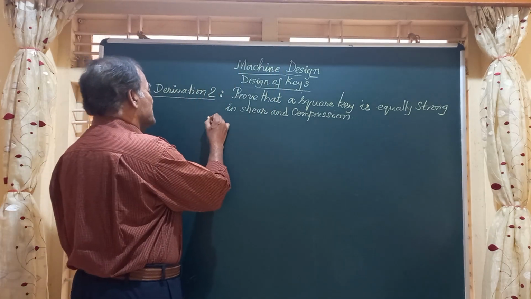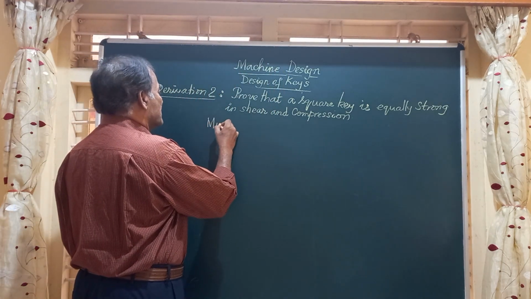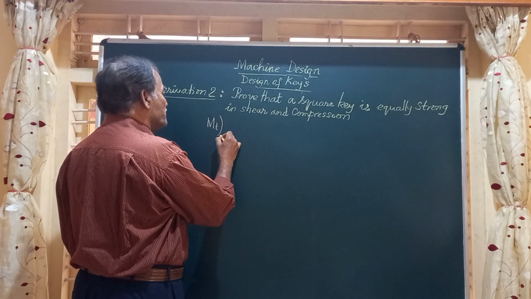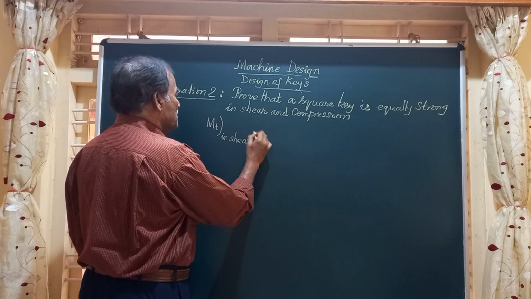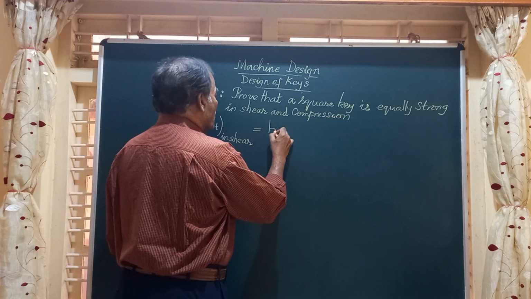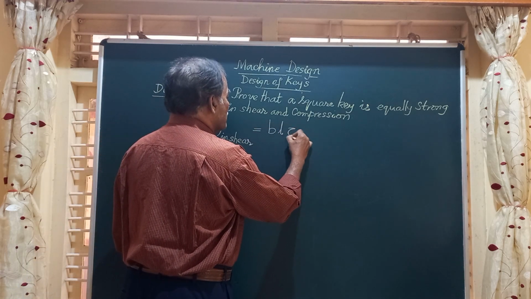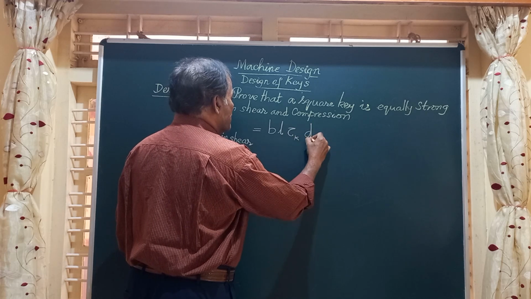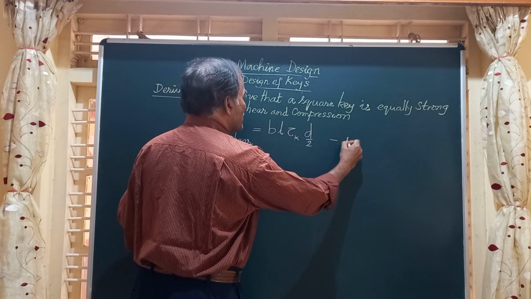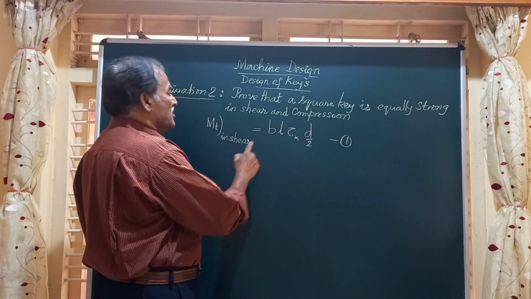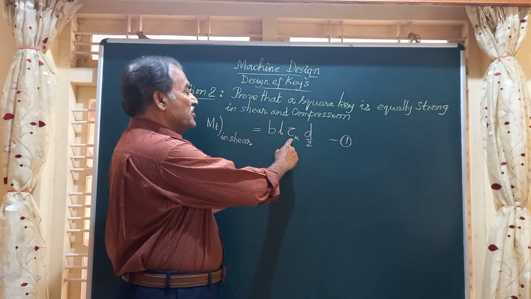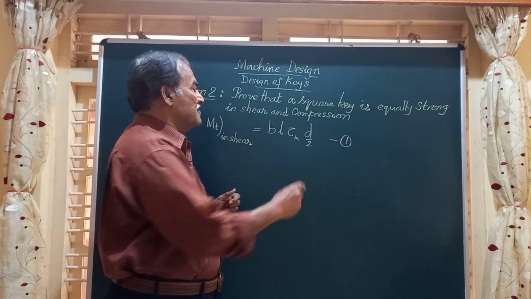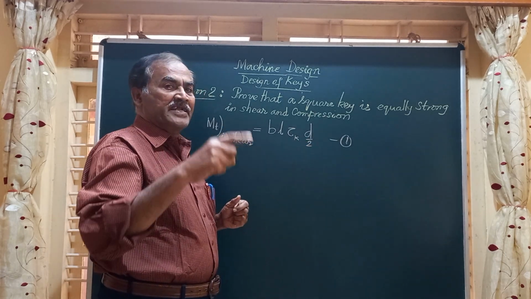In the first derivation, the torque transmitted by the key in shear, T_key, is equal to b L tau_k d/2, equation number 1. Here b is the width of the key, L is the length of the key, tau_k is the shear stress for the key, and d/2 is the radius of the shaft.